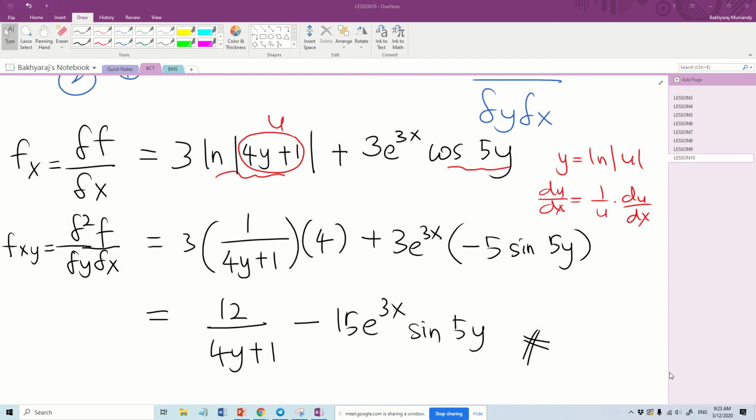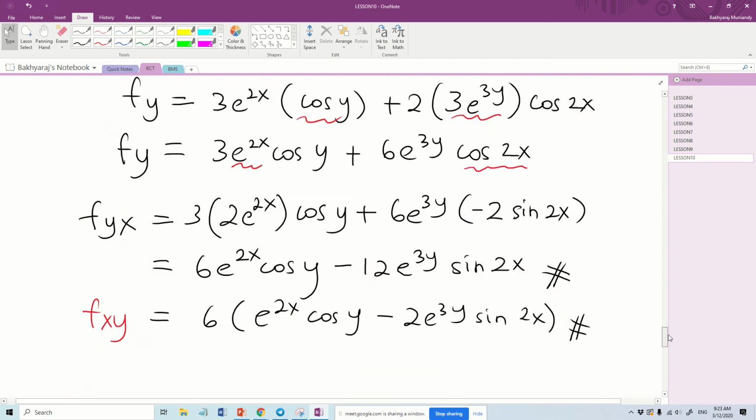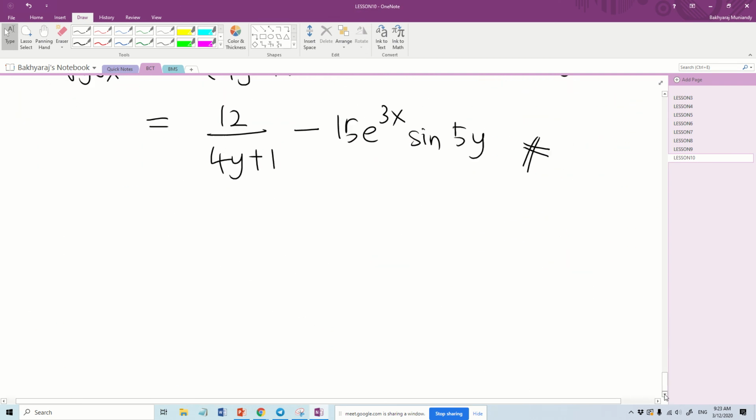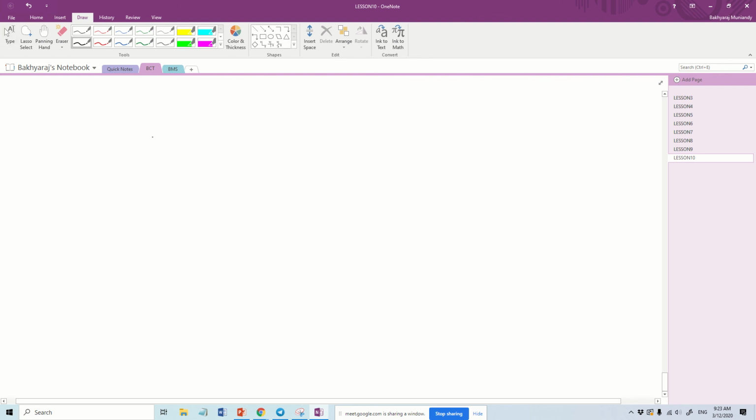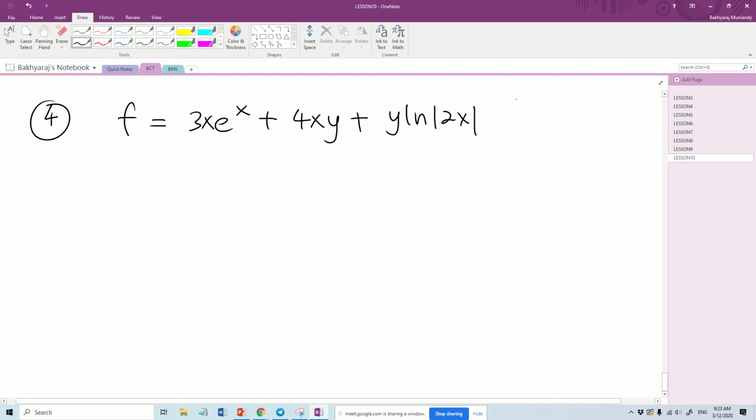Okay, next we continue with one more question. I think I should give you one product rule problem. Okay, number 4. I give you f equals 3x exponent x plus 4xy plus y log 2x. I want to go for delta square f over delta x delta y.